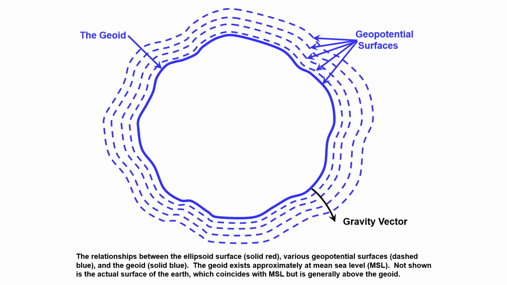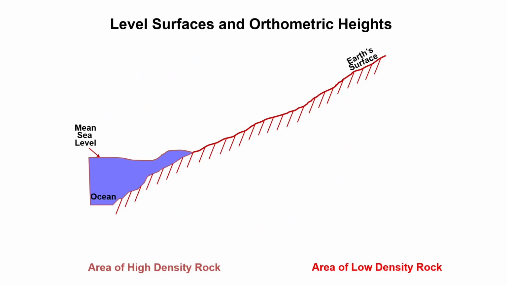The relationships between the ellipsoid surface, various geopotential surfaces, dashed blue, and the geoid, solid blue. The geoid exists approximately at mean sea level. Not shown is the actual surface of the Earth, which coincides with mean sea level, but is generally above the geoid.